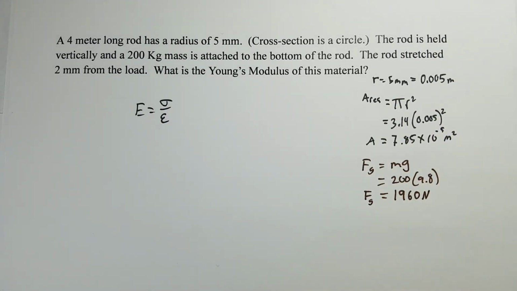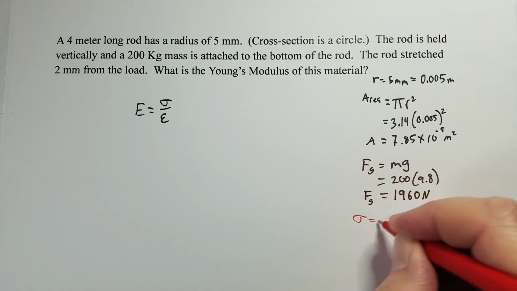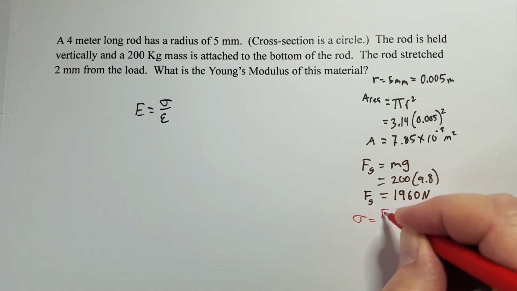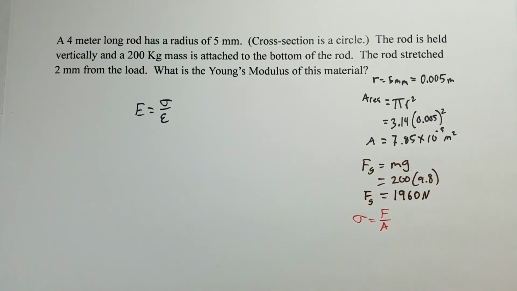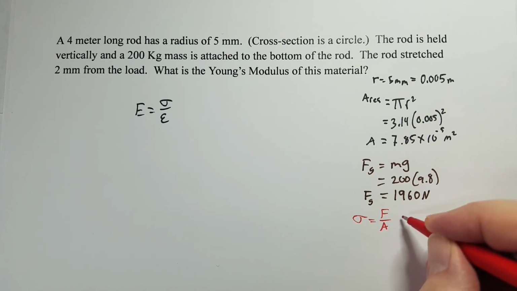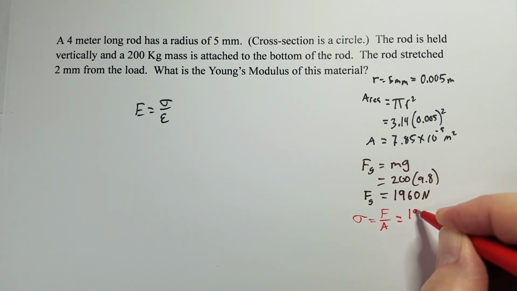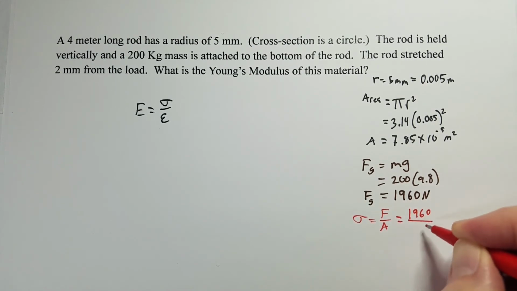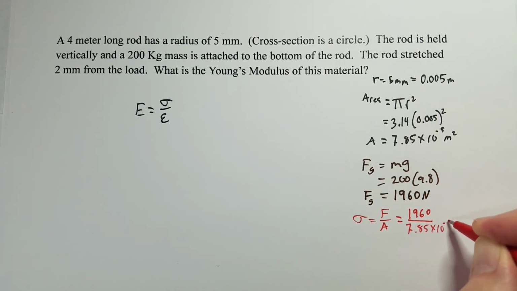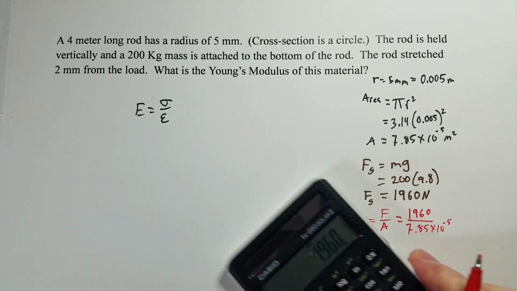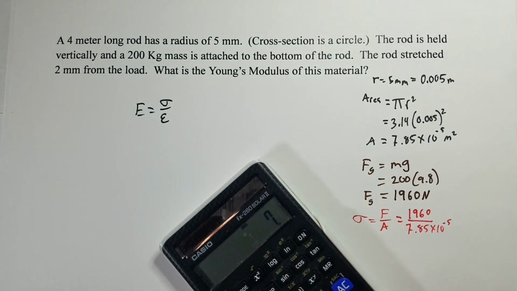And so now I can figure out what sigma is. Sigma is going to be force over area. So in this case, it's 1960 divided by 7.85 times 10 to the negative 5.